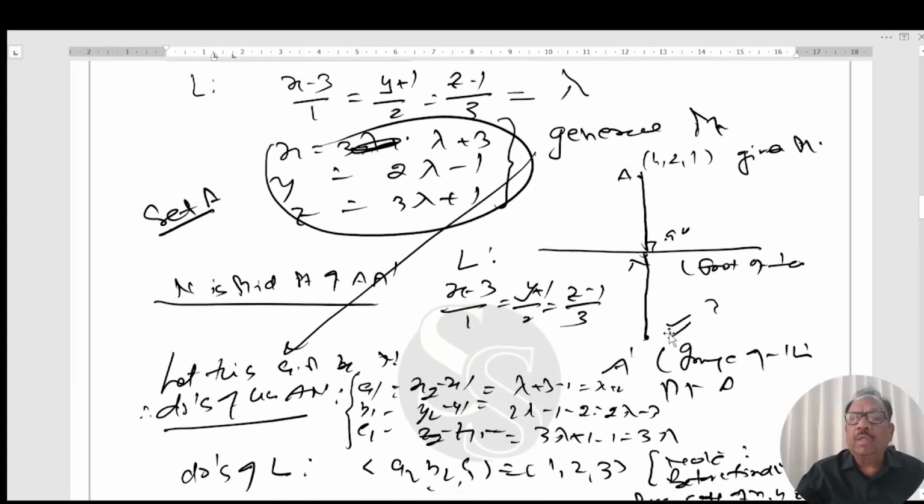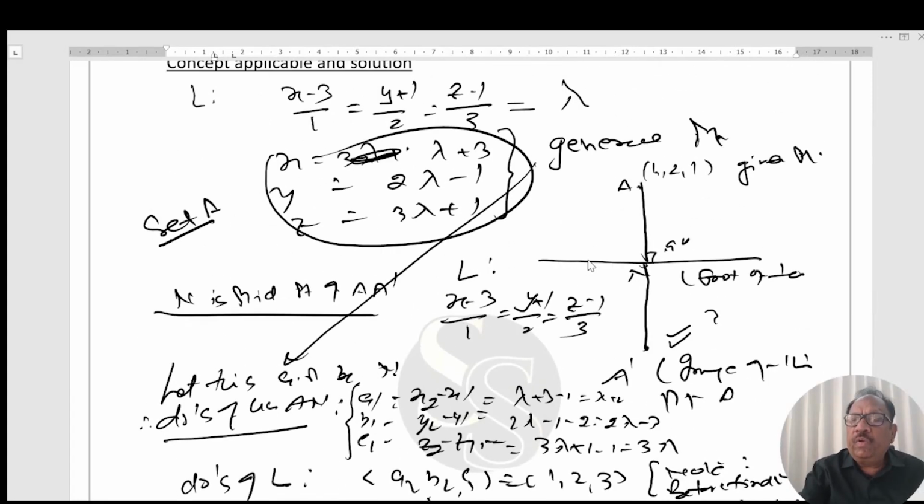Now, everything is clear, I think. I will again repeat the thing. To find the foot of the perpendicular, reduce the given equation to the general form, find the general point. That general point can be specified according to the requirement of the question. In this case, we consider it as point N. Now, the direction ratios of line AN and the given line are known.